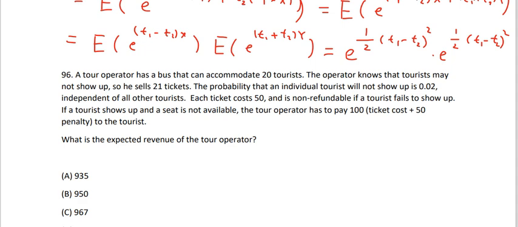So for problem 96, it says he sold 21 tickets, each one 50 cents. So we can say the revenue can be written thus, right?